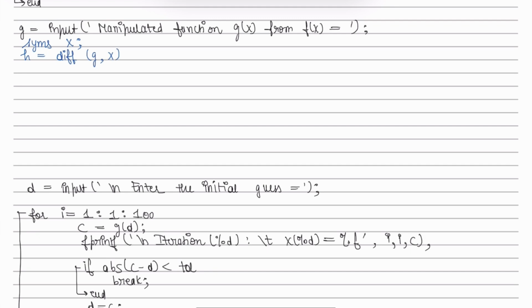Now we have to check if the maximum value of this absolute value of h is less than 1 for every point of the given interval or not.